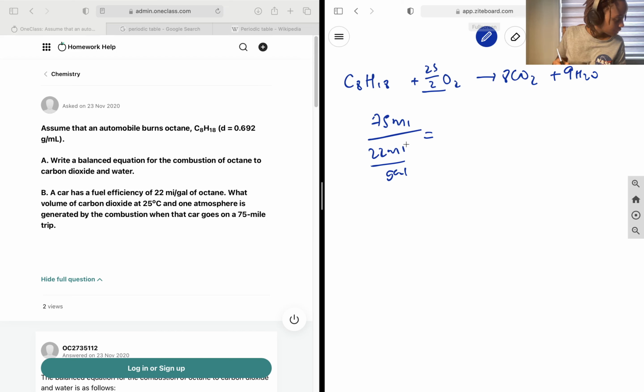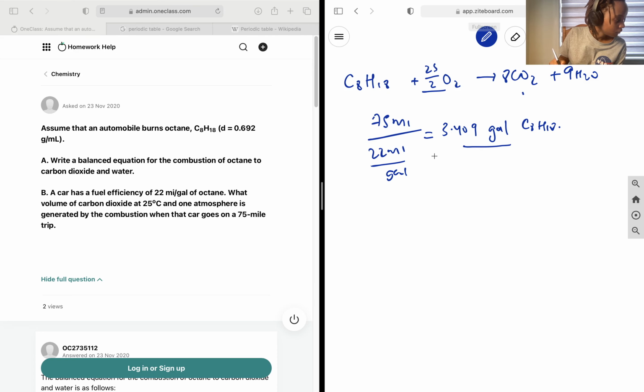And that is going to give us 3.409 gallons of octane. We want to convert this to moles in order for us to find the moles of CO2, and then we convert those moles of CO2 using the ideal gas equation into a volume.